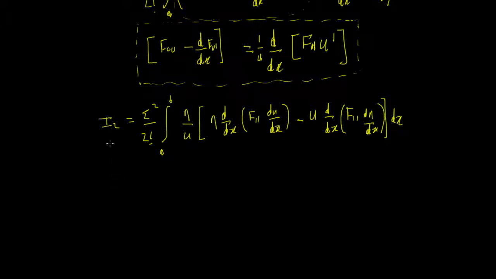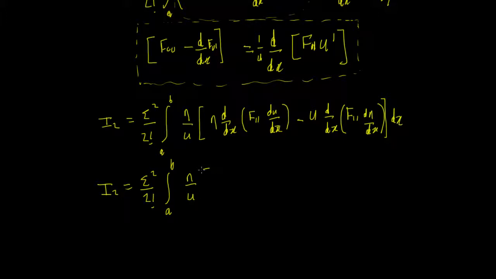So now the next step is we can write that whole thing out as epsilon squared upon 2 factorial integral from a to b. Now, I'll write it out and then explain it.